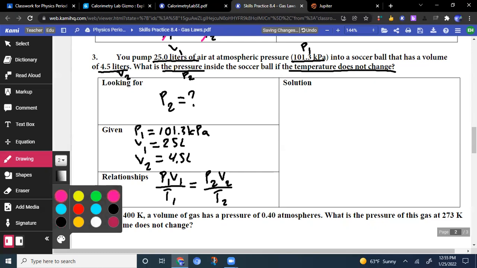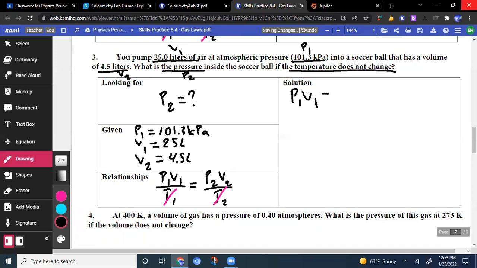Again, the temperature does not change, so the temperature gets canceled from the equation. P1 times V1 equals P2 times V2. We're solving for P2, so divide away the V2.